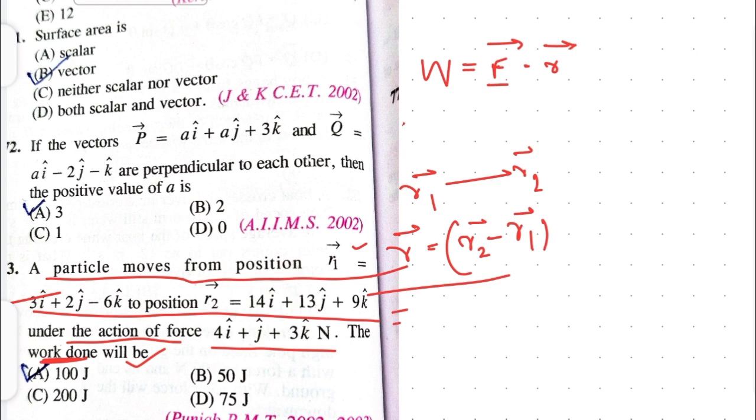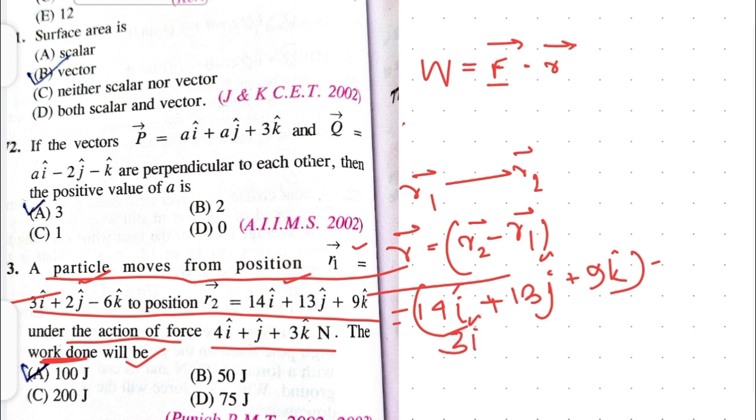R2 vector minus r1 vector means 14 i cap plus 13 j cap plus 9 k cap minus r1 vector, that is the initial vector. First of all, it means our final minus our initial, the last vector minus the first vector, the destination vector minus the source vector.